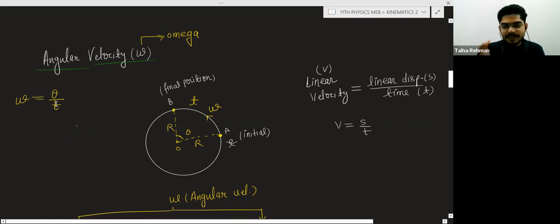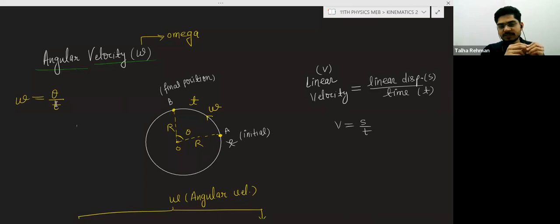But there are two ways to measure the angular velocity. Suppose a person is moving in a circular path, the angular velocity of that person is changing with time. At different times, the angular velocity of that person is different.